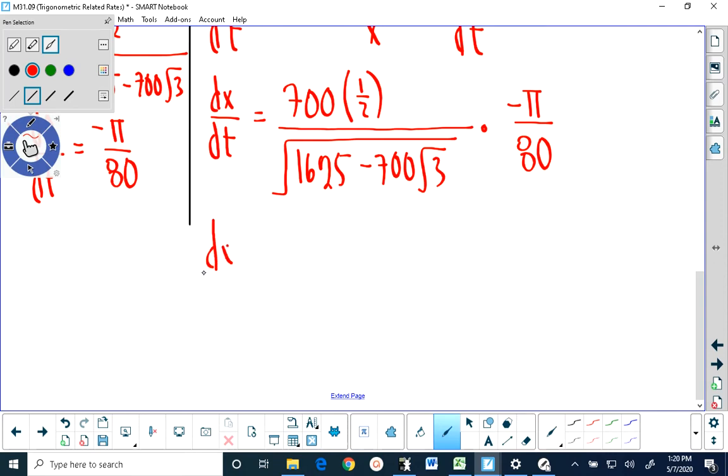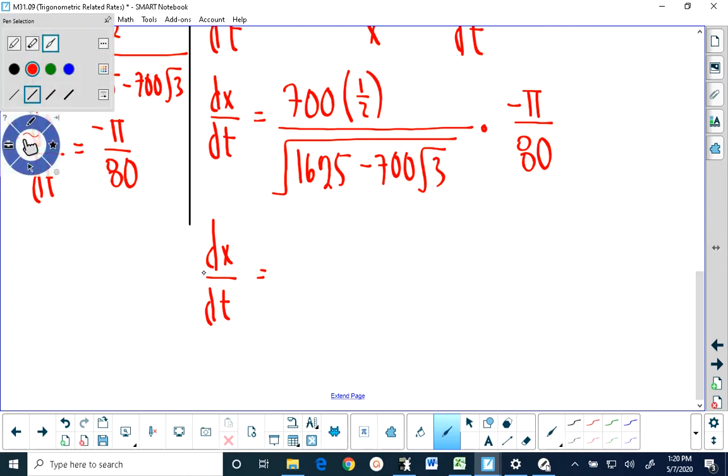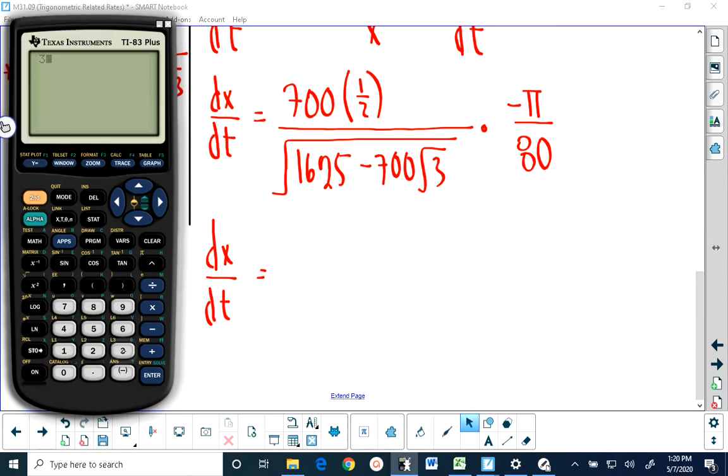What do we get? For dx/dt, we have to simplify some numbers here. 700 multiplied by 1/2 divided by 80. I'm pretty sure that is 35 over 8, but we'd better check that. 1/2 of 700 is 350 divided by 80, which is 35 over 8.